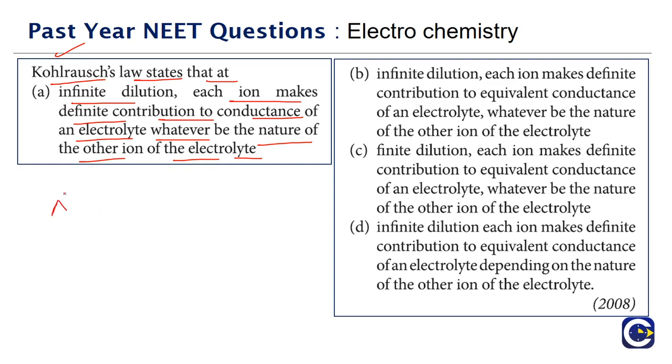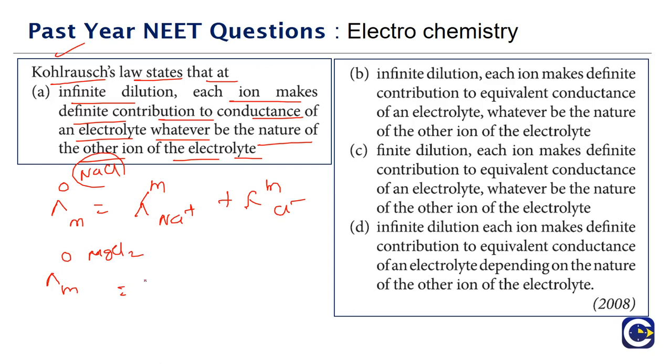If you look at the limiting molar conductivity, say for example we will talk about NaCl. The limiting molar conductivity of NaCl will be what? The molar conductivity of Na+ plus the molar conductivity of Cl-. If you look at the limiting molar conductivity of MgCl2, it will be what?